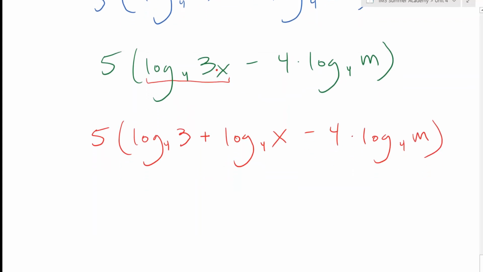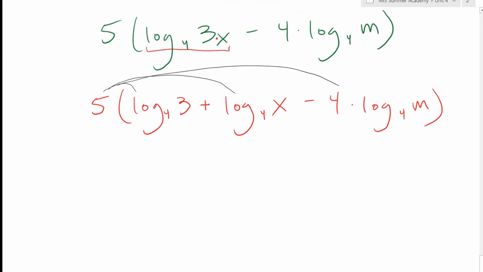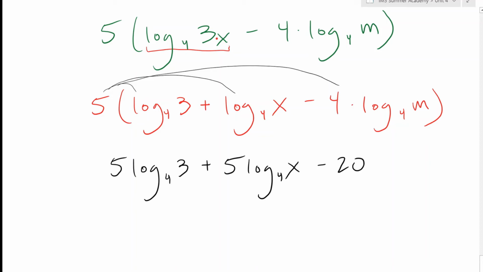Technically, if this were to become a multiple choice problem, they would apply this 5 to everything in here. So we're going to go ahead and show you how that looks. That would be a 5 log base 4 of 3 plus 5 log base 4 of x. We're just distributing that 5 in, minus 20 log base 4 of m.